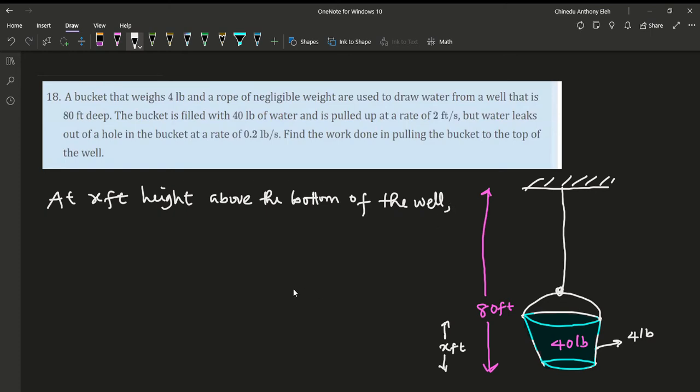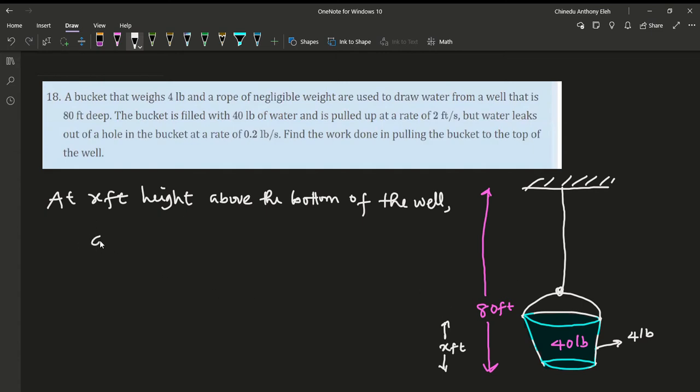What will happen? We are told that the bucket is pulled up at a rate of 2 feet per second, which means that as the distance from the bottom of the well increases up to the top, the time that the bucket is being pulled also increases, right?